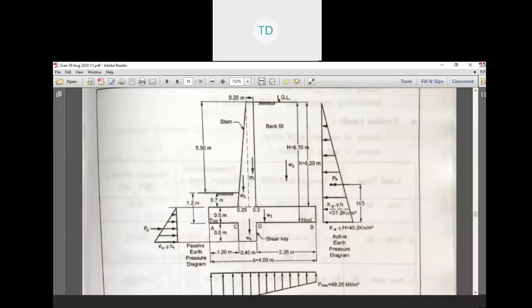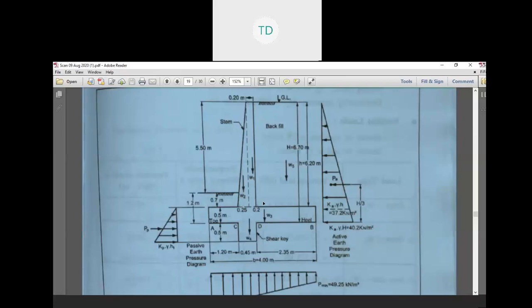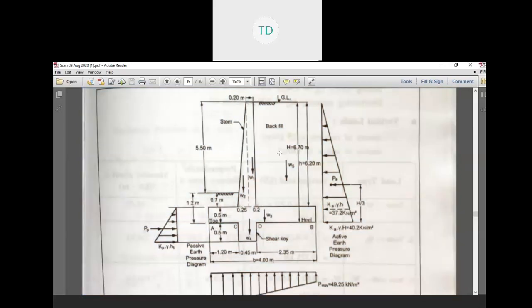For the first, W1 is this one, whose dimension is 0.20 meter into 6.20 meter. That's how we get the W1 pressure.